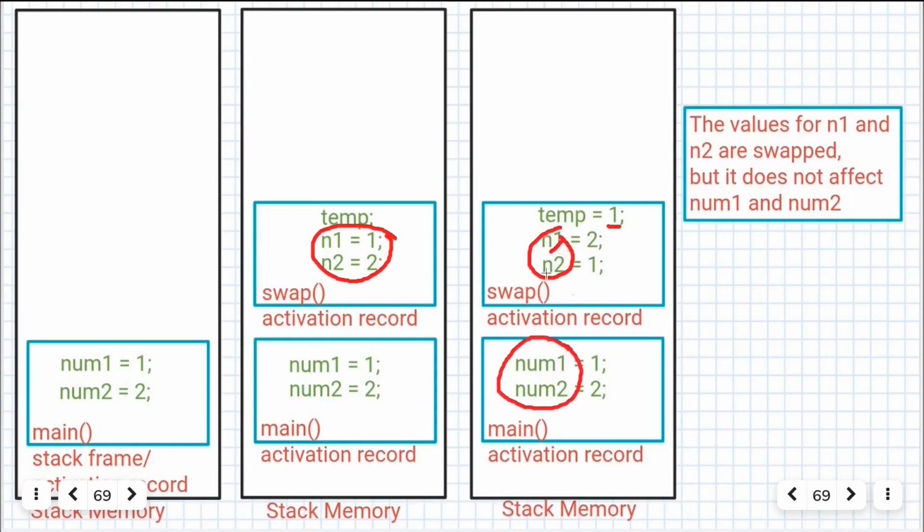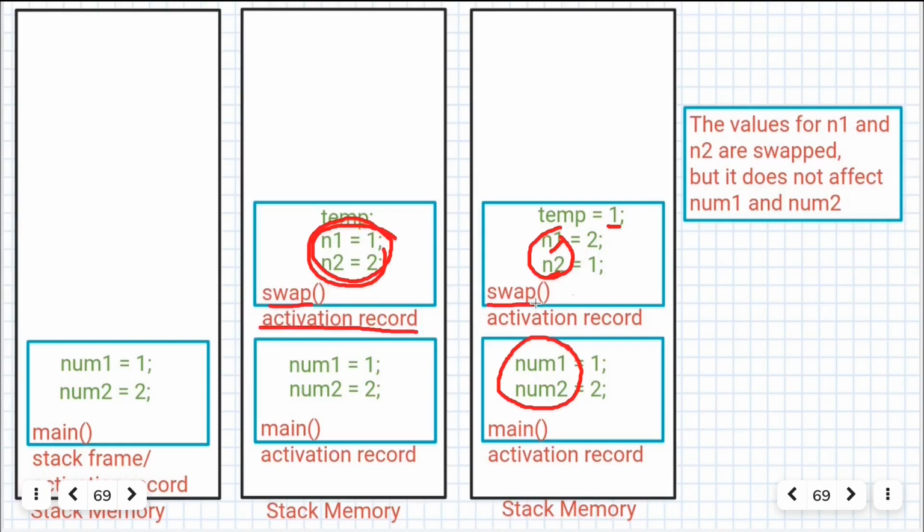Therefore changes in n1 and n2 will not affect the actual arguments num1 and num2. Suppose we change the parameter names n1 to num1 and n2 to num2, it makes no difference. Here these parameters are just local variables to this method swap, so they will have their own memory space in this swap method activation record.